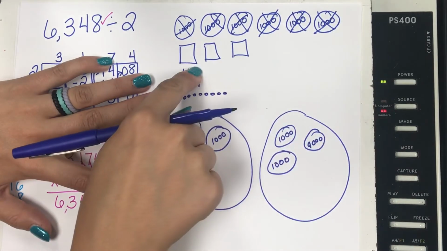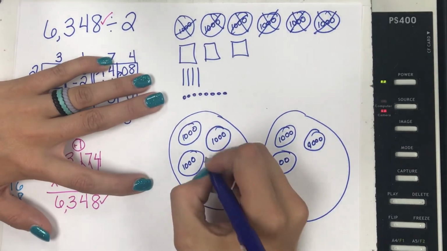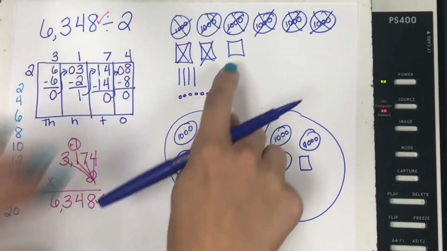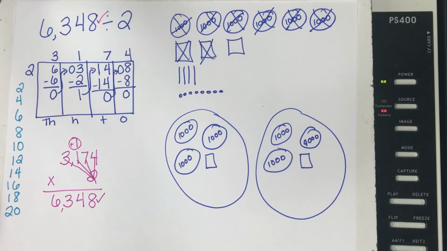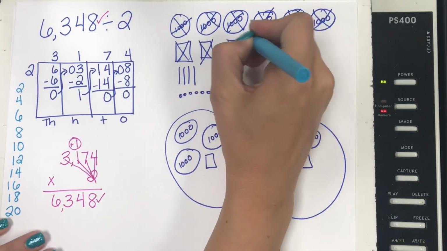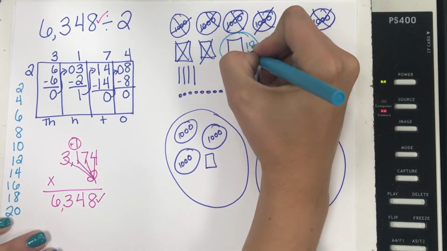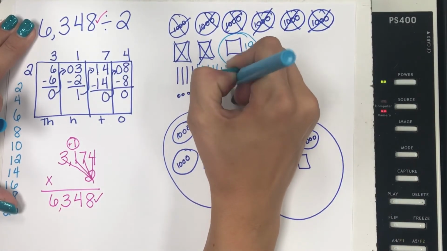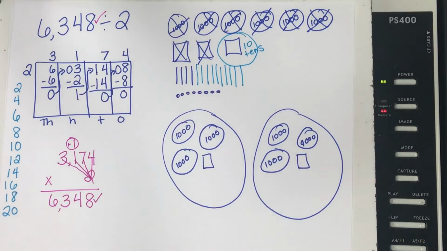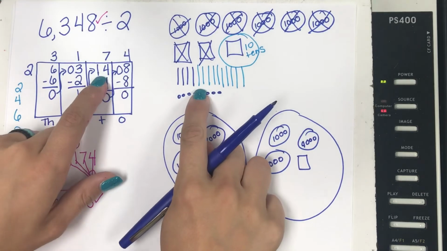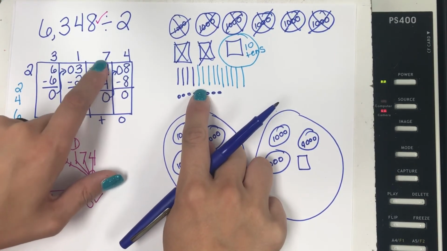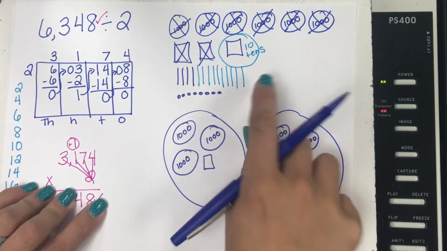I don't have any that I need to trade for hundreds, but I have 2 hundreds. What do I need to do with that? I need to exchange it for what? 10 10s. 1, 2, 3, 4, 5, 6, 7, 8, 9, 10. So now how many 10s do I have? 14. Look, there's where my 14 10s was. Whenever I exchanged it in my box, that's where the 14 10s was.